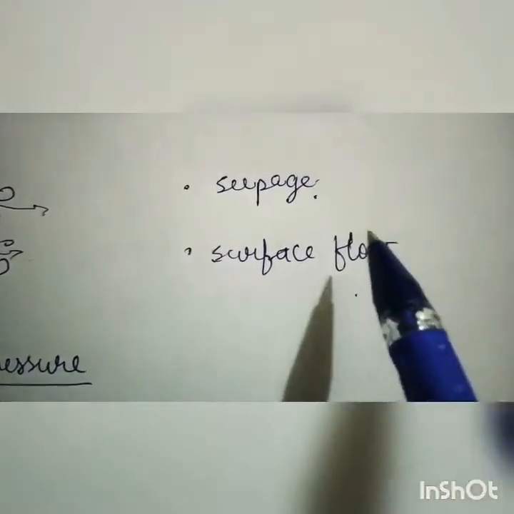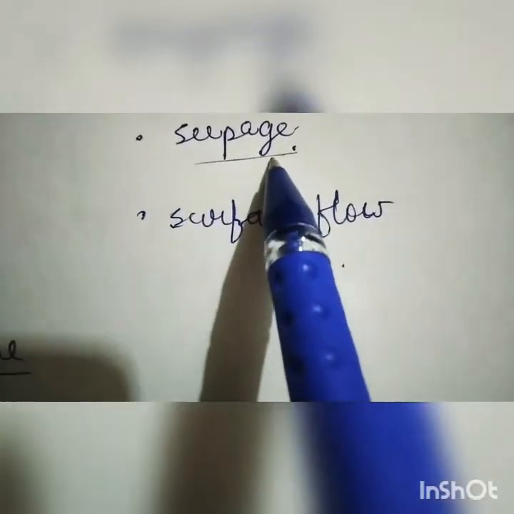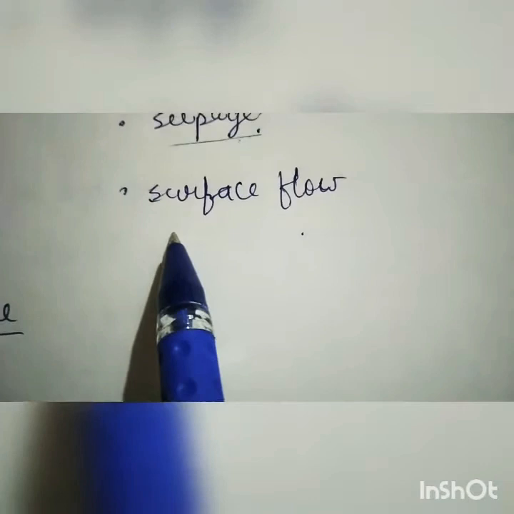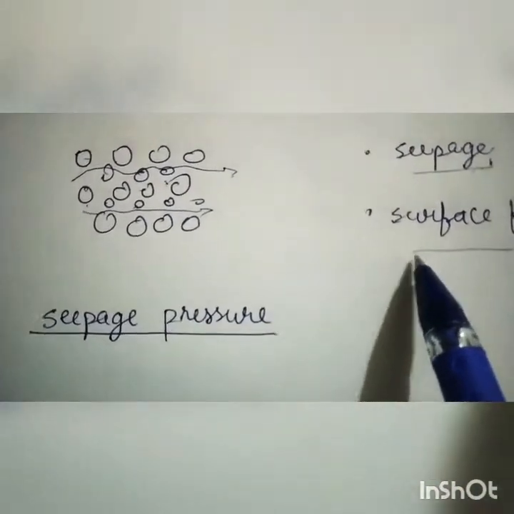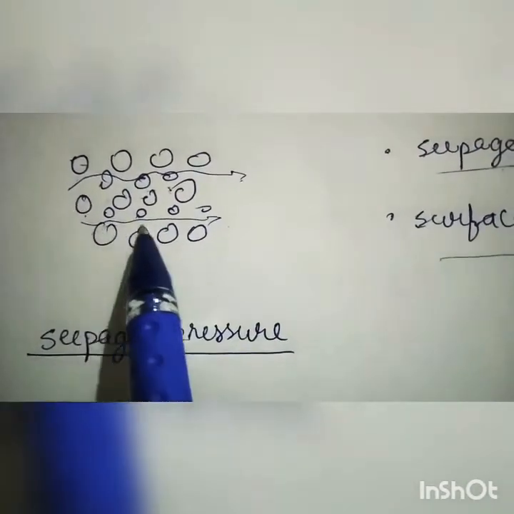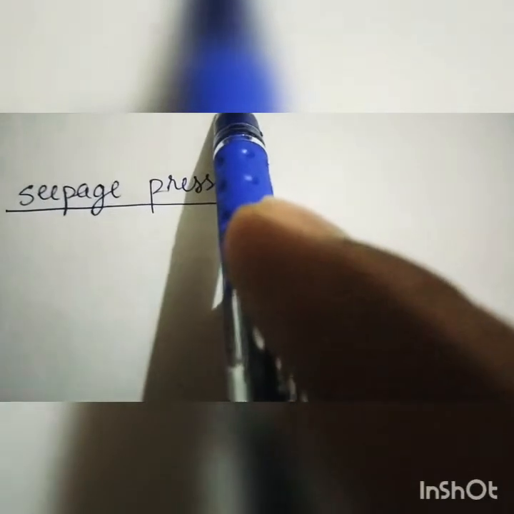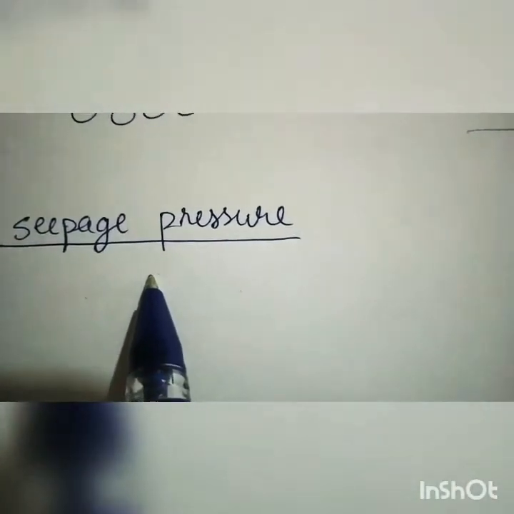Now when soil mechanics is concerned, we talk about seepage, and in hydraulics we talk about surface flow. So this is the seepage. Now water is flowing from one end to another end, so there must be some pressure, right? And that pressure is known as seepage pressure.